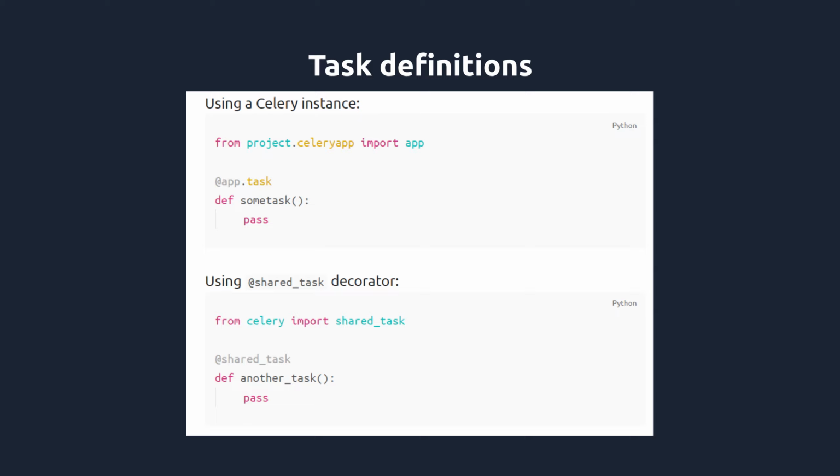The app.task decorator requires importing a Celery app instance and ties the task to a specific app instance. The shared_task decorator is not tied to a specific Celery instance and is automatically discovered by any Celery app. Not being tied to a particular Celery instance means it's more flexible and can be easily shared across different parts of a large project without needing to pass around Celery app instances.